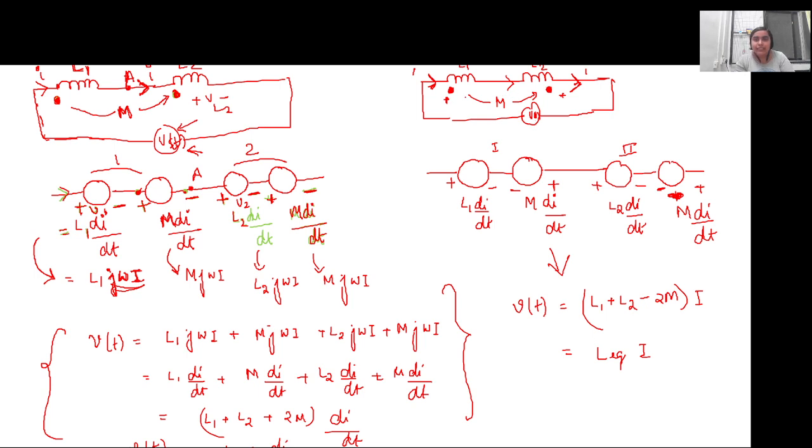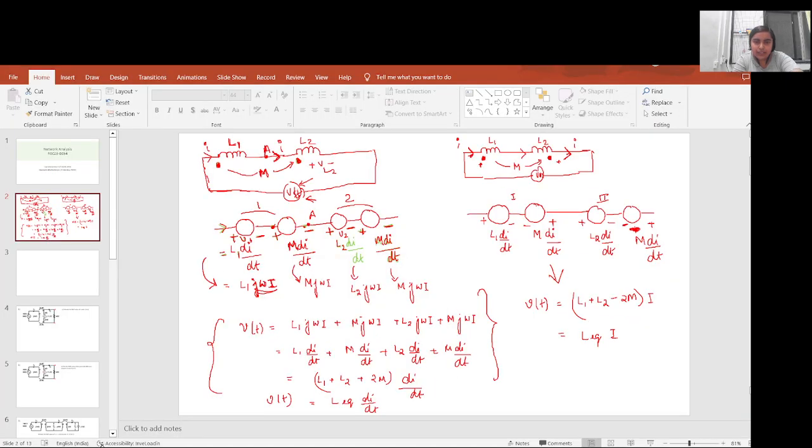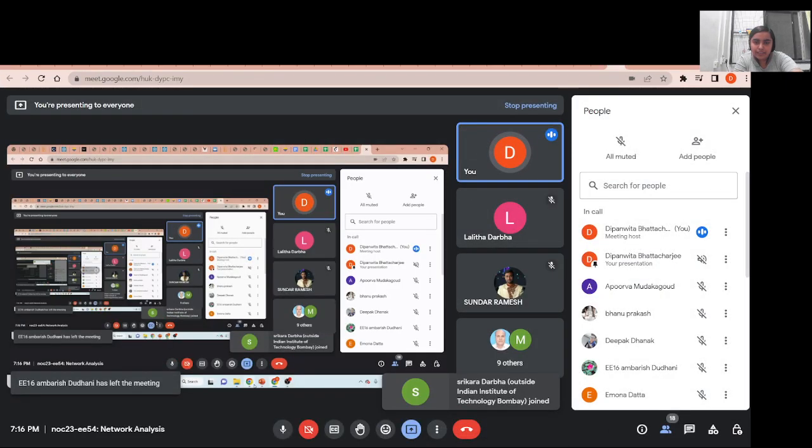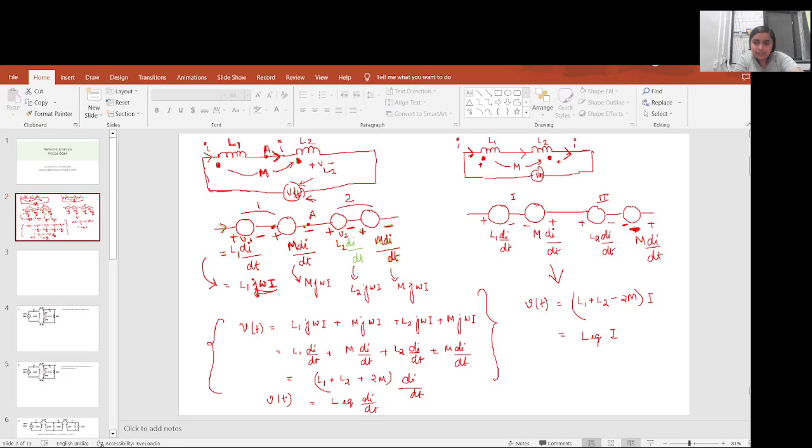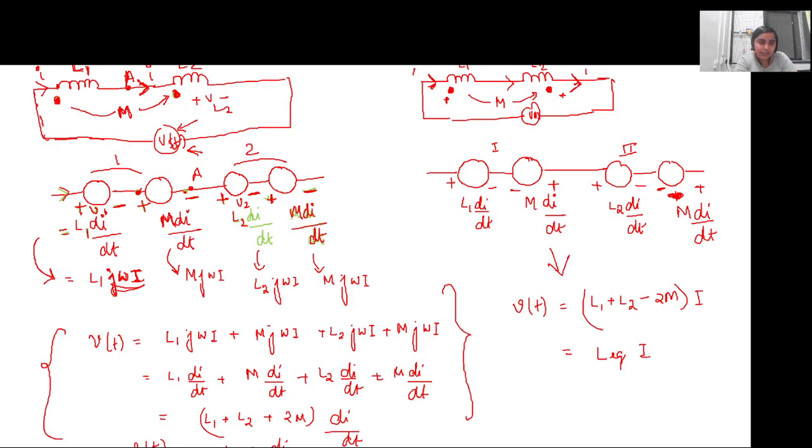So the thing is, mutual inductance is actually how one of the inductors sees the second inductor, right? Since the current is leaving through this dot, suppose we had, as sir has taught, a square convention.